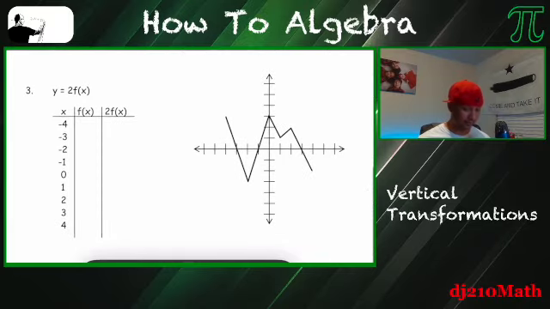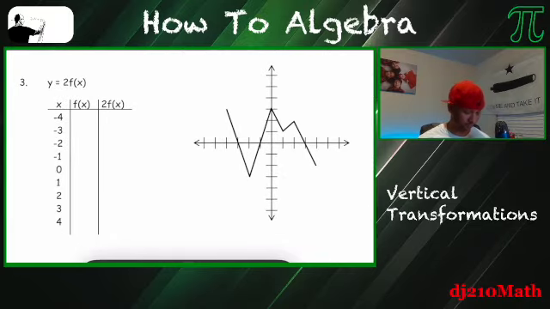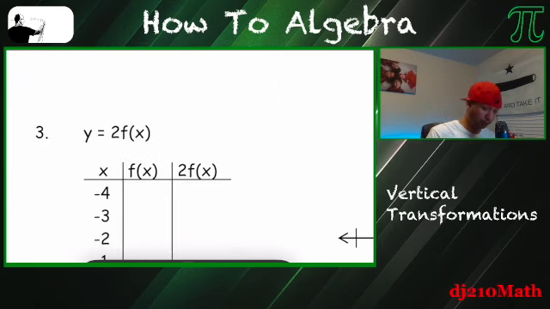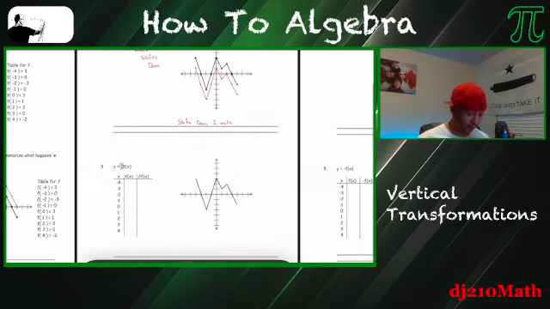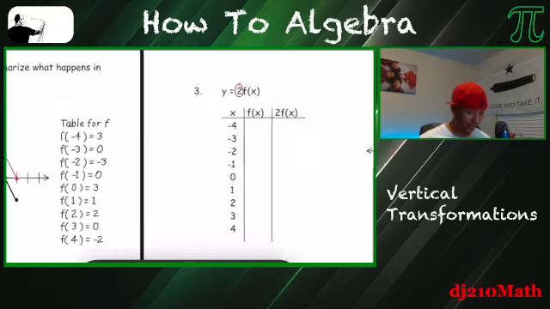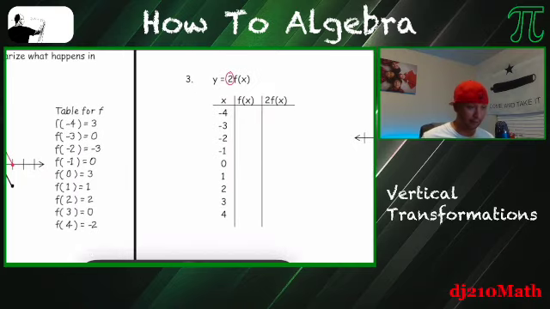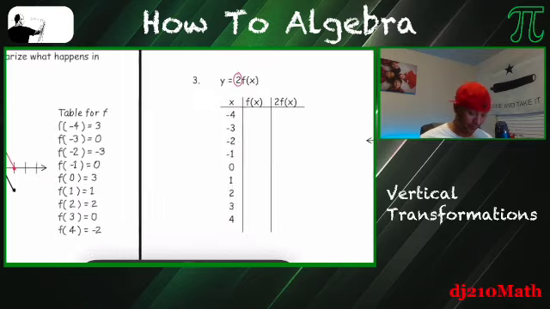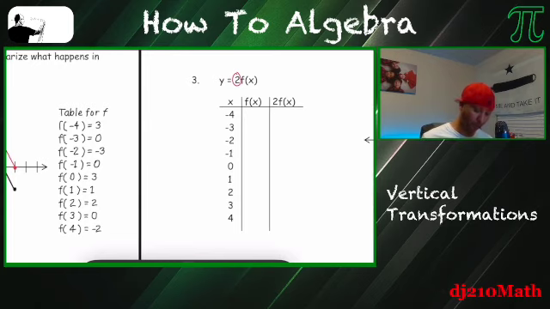Okay, here comes a stretch. We have a number that's being multiplied to f of x, a factor of 2. That means the outputs are going to double. We could use the table here, because it's the same in every picture, so it's going to be the same table. I'm going to do a couple for you.